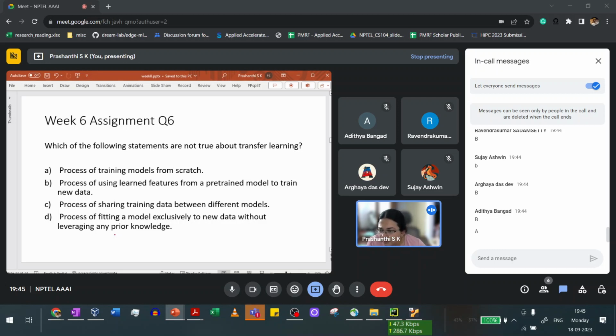Okay, we have one answer saying A, one more saying A, C and D. A, B and C, okay. This looks like a very confusing question to a lot of people. Another one saying A, C, D.